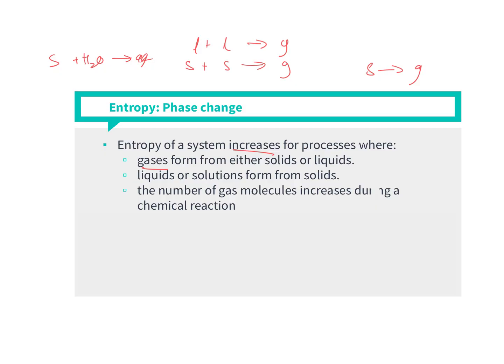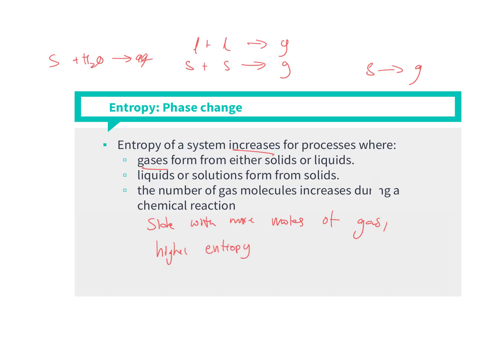Or the number of gas molecules increases during a chemical reaction. In simplest terms, when you look at a reaction, the side with more moles of gas will have the higher entropy.